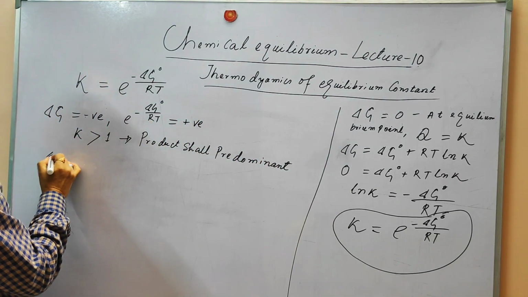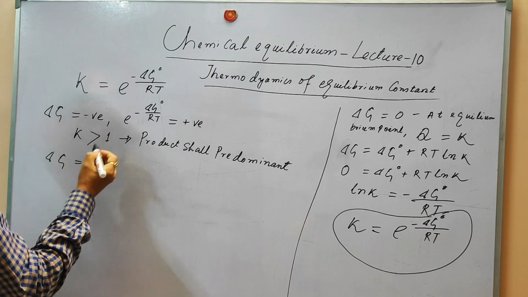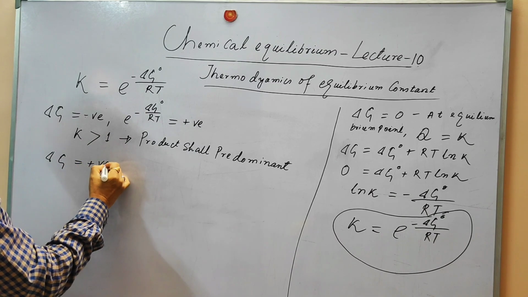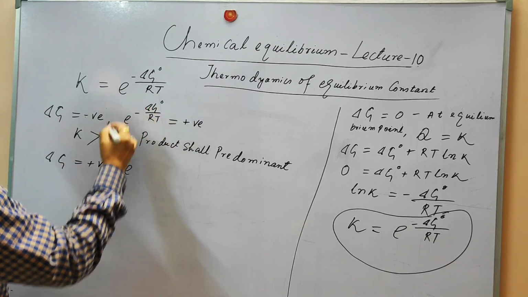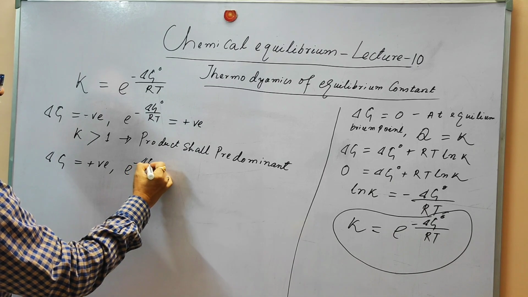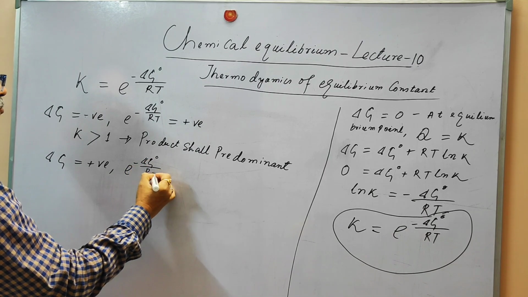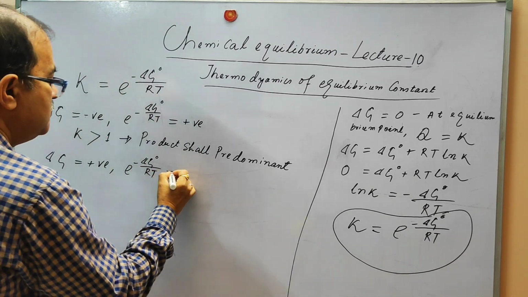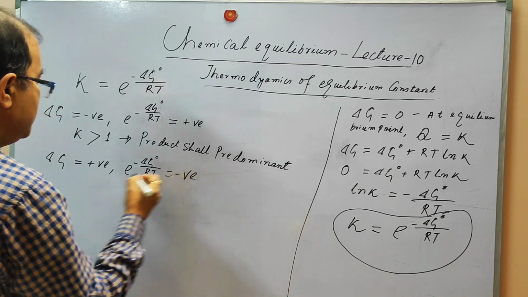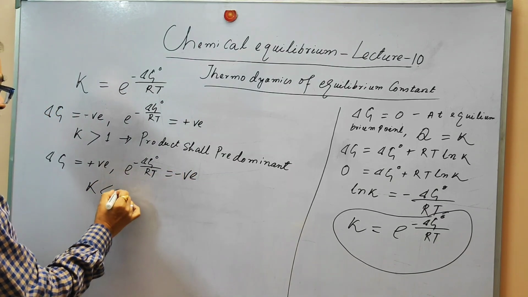And when del G is positive, then e to the power minus del G0 by RT will be small, and K value will be less than 1.